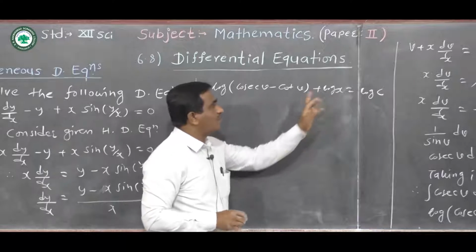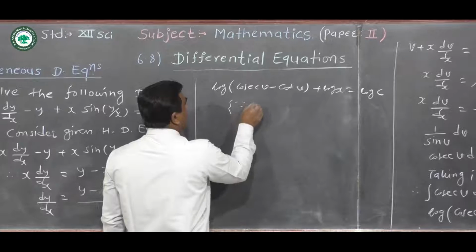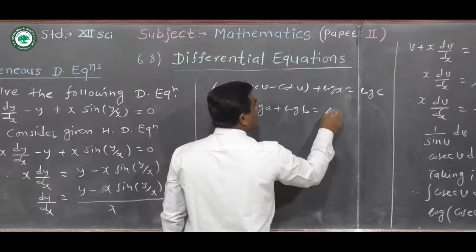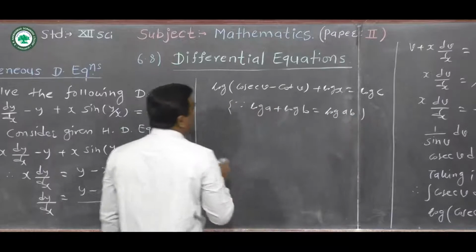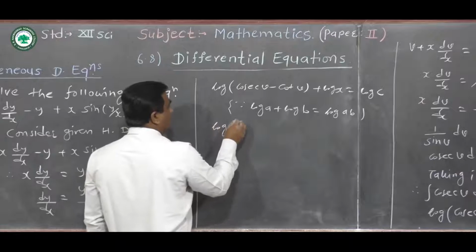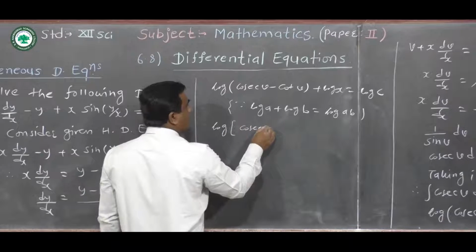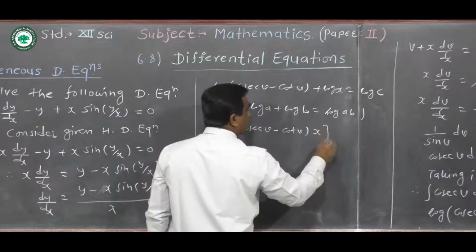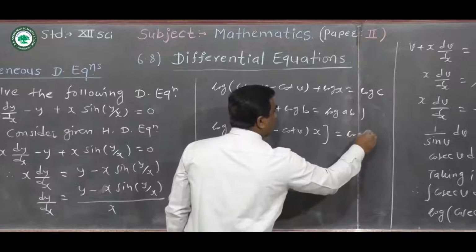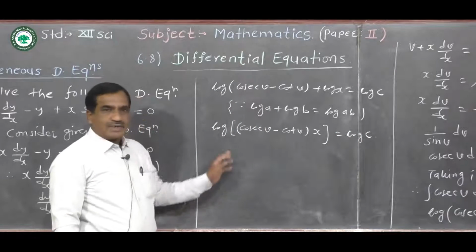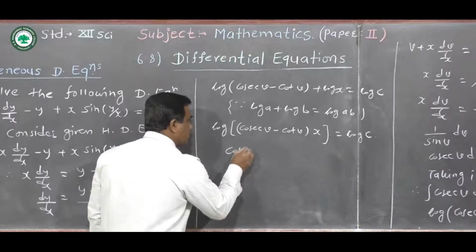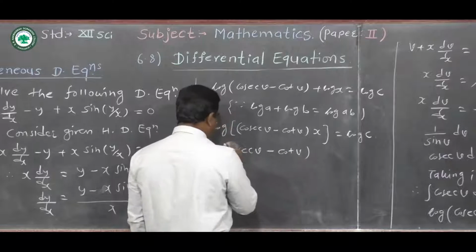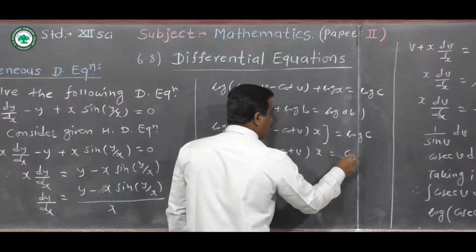Now we can use the formula for logarithm here: log a plus log b equals log of a times b. Using this formula we can write log of (cosec v minus cot v) times x equal to log c. Now here log cancels out, remains only (cosec v minus cot v) times x is equal to c.